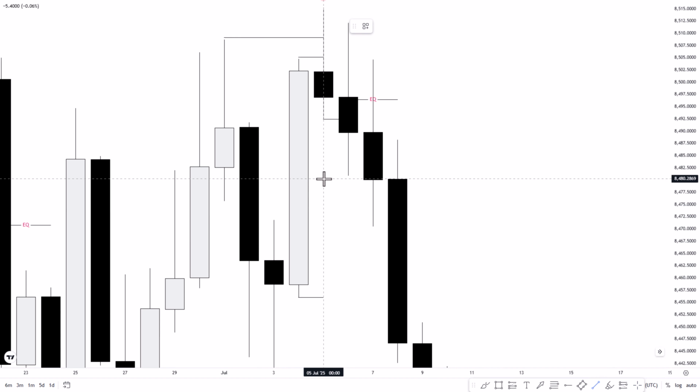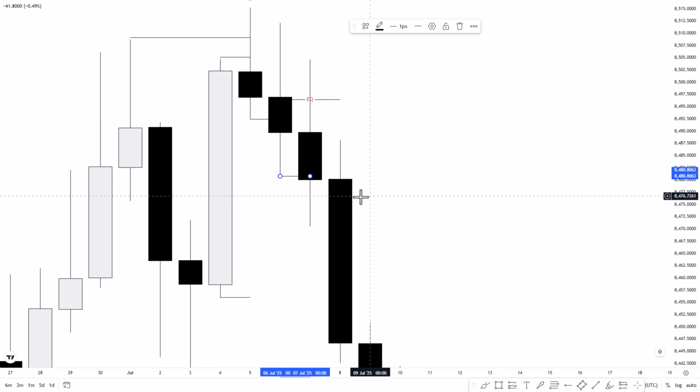If you look at this, it is the 3 low, and we see price has closed below it. So we are expecting price to continue to go lower to tap into the draw on liquidity, which is this swing low. And we see the 5 sold bearish.